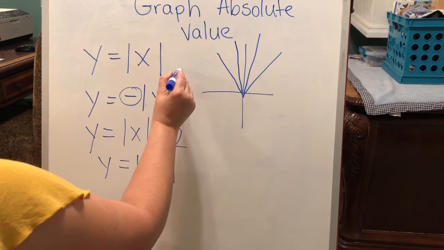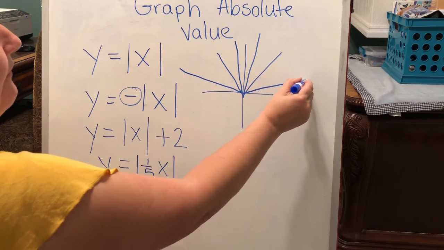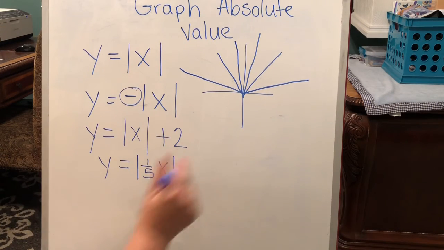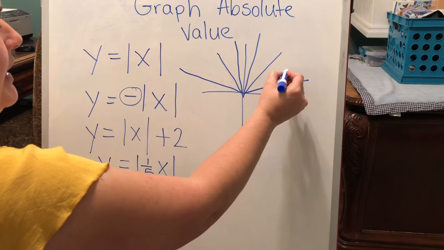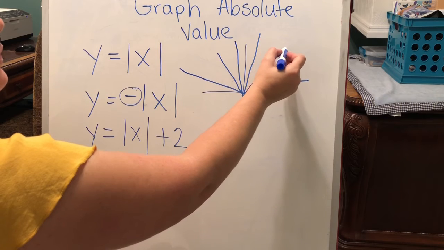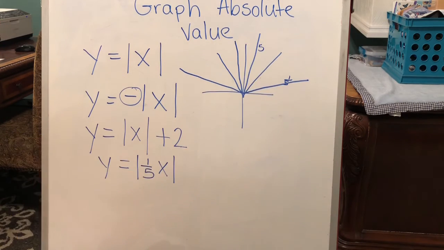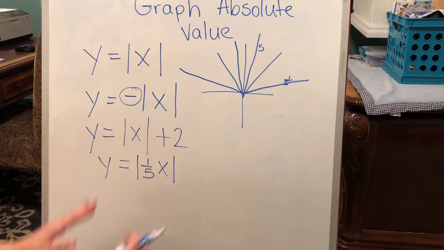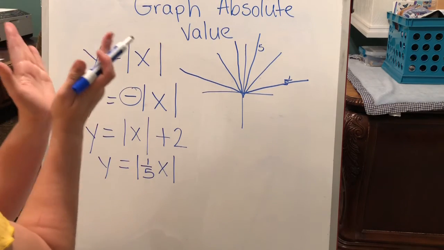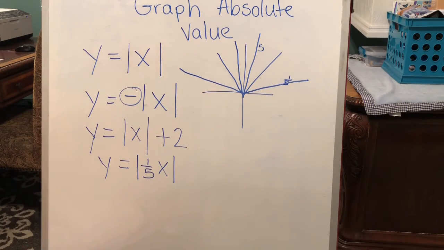So now instead of a narrow, you get this big, wide, fat V. Okay, so this one is 1/5. This is the 1 for 1, and this one is the times by 5. So as you have a whole number sitting in front, you get this skinny V, and as you have a fraction, you get this wide, fat V.